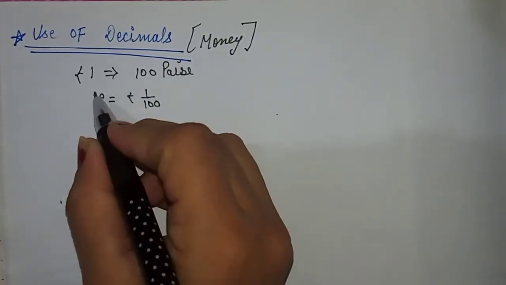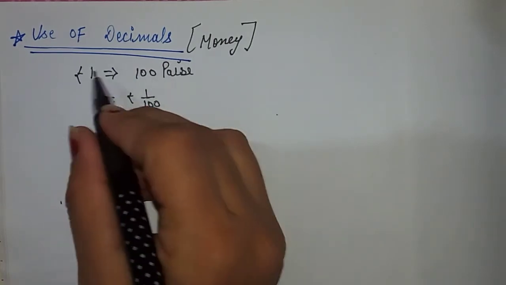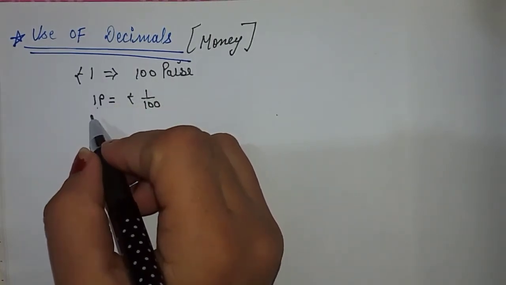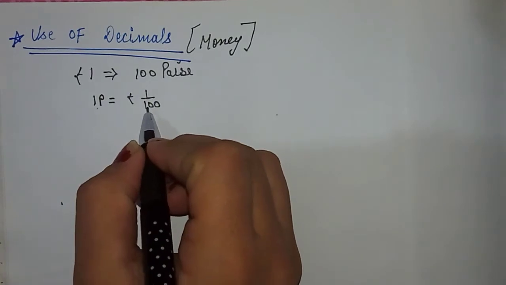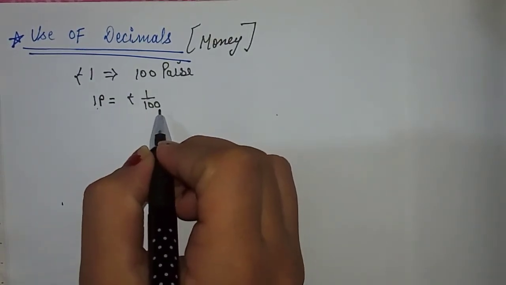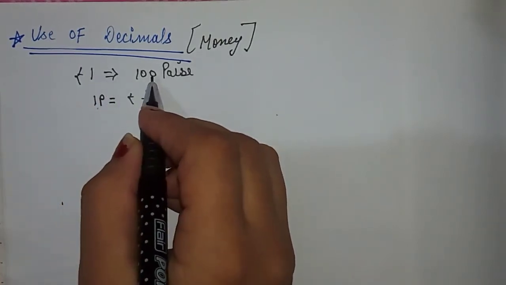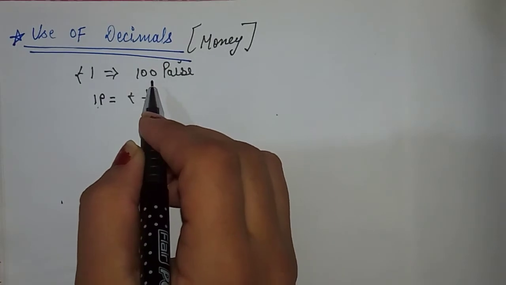Because 1 rupee is the greater number and paisa is the part of rupee. So when we find a lower term, we divide by the larger term, and when we find the larger term, we multiply by the lower term.